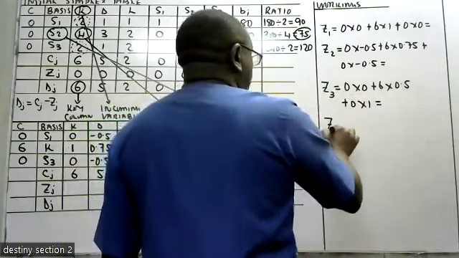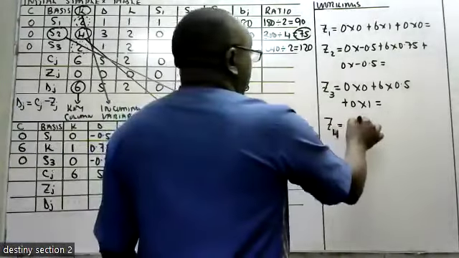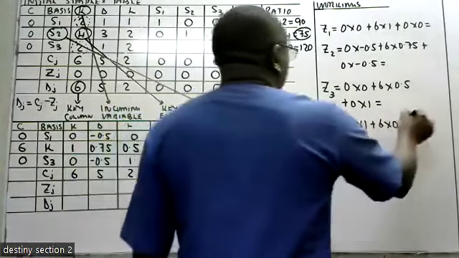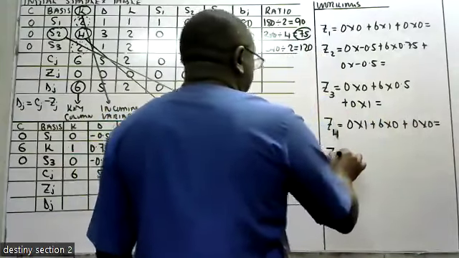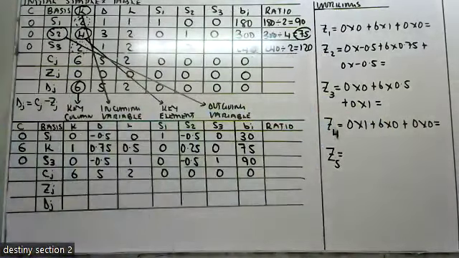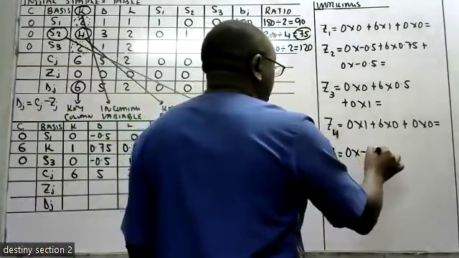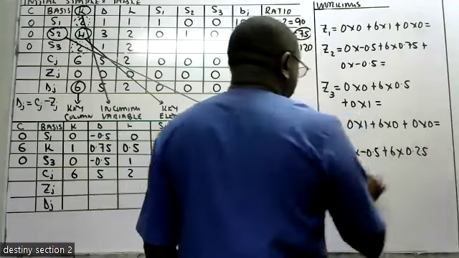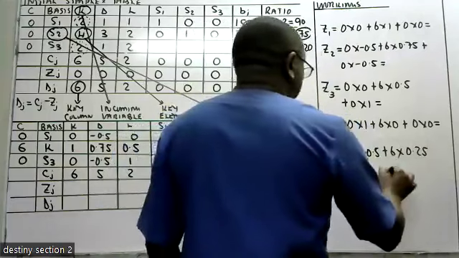Z4, when I go to the fourth one, it will be 0 times 1 plus 6 times 0 plus 0 times 0. Z5 is 0 times minus 0.5 plus 6 times 0.25 plus 0 times negative 0.5.